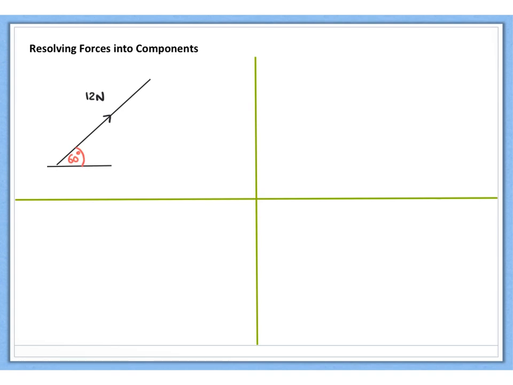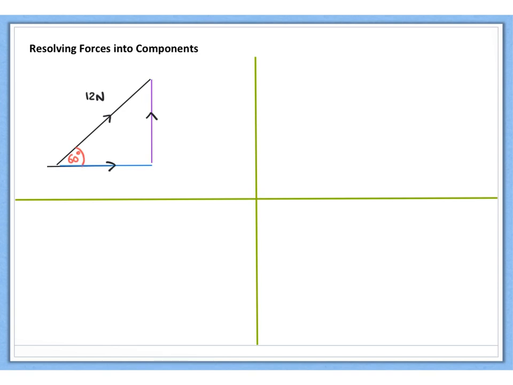Think about vectors. If I start with a vector going along horizontally like that, and then I add another vector, this time going up vertically like that, then we know that the vector sum of the blue and the purple components will equal the 12 Newton force.